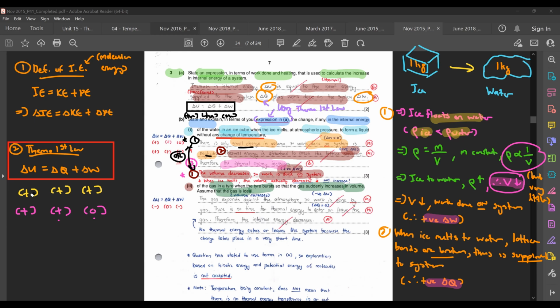So for this case, you again want to look at it in terms of the work done, in terms of the heat supply. So how are you going to look at it? The easiest one will be to probably look at it in terms of the work done first. Say right now, you have a tire like this.